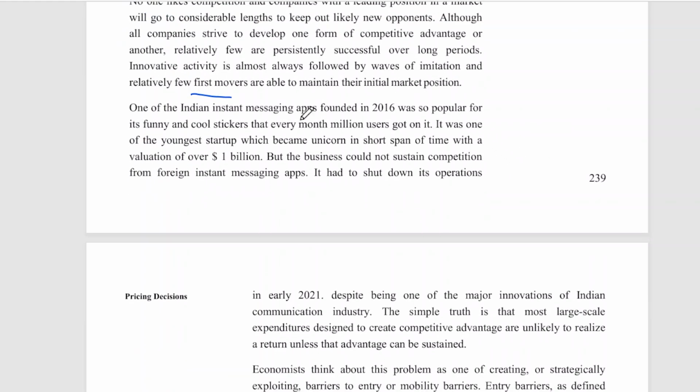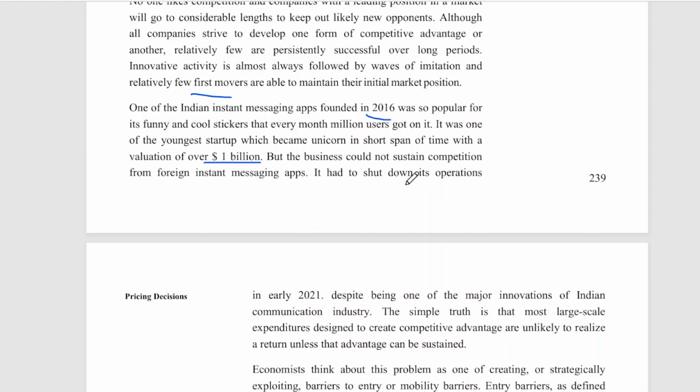One of the Indian instant messaging apps, founded in 2016, was so popular for its funny and cool stickers that millions of users went on it every month. It was one of the youngest startups to become a unicorn in a short span of time, with a valuation of over $1 billion. But the business could not sustain competition from foreign instant messaging apps.